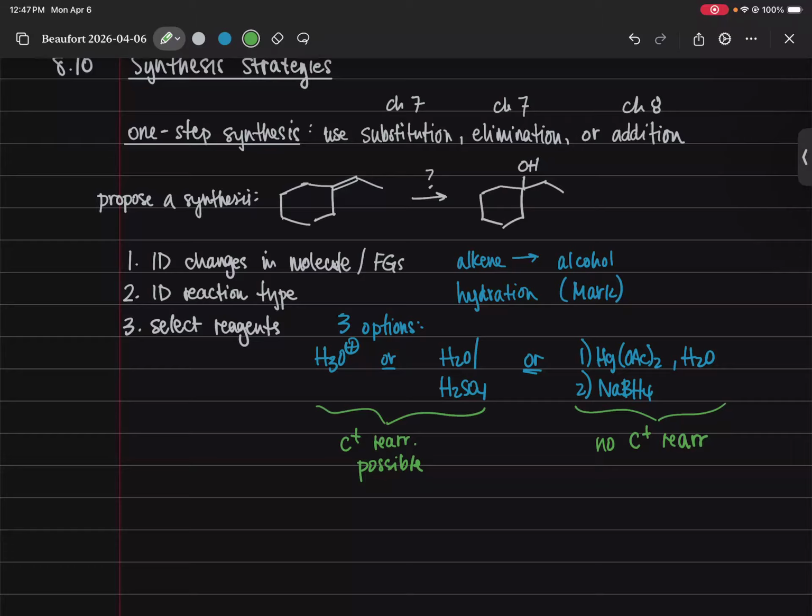In this case, we don't, because when we form the carbocation in the first step, we break that bond, put the hydrogen here on the less substituted carbon, and the positive charge goes on the more substituted carbon. So that's now a tertiary carbocation, which is happy and it's not going to rearrange. So we don't specifically have to avoid carbocation rearrangements.